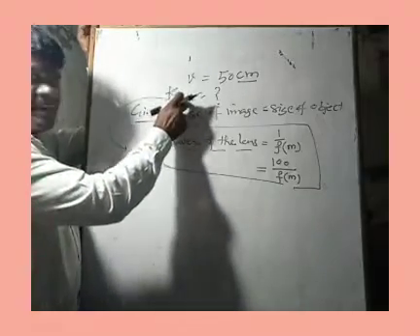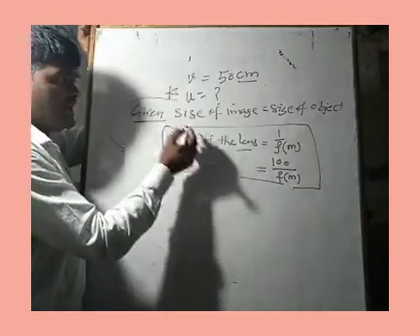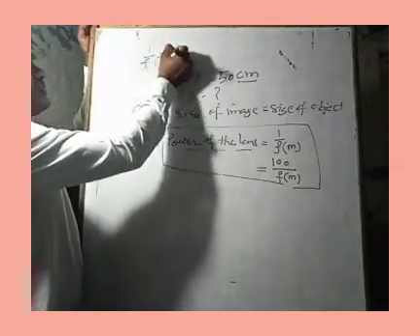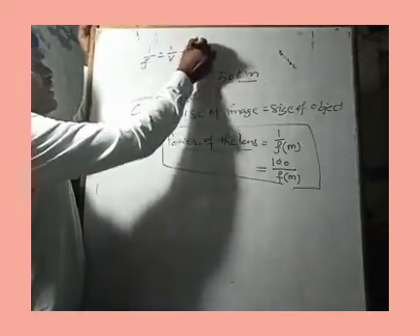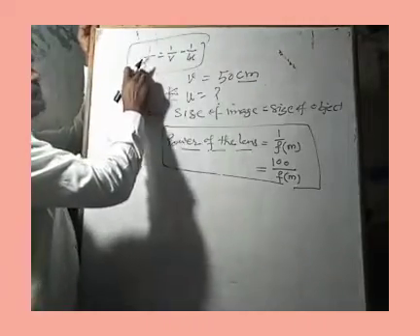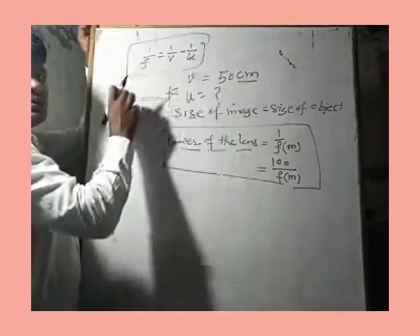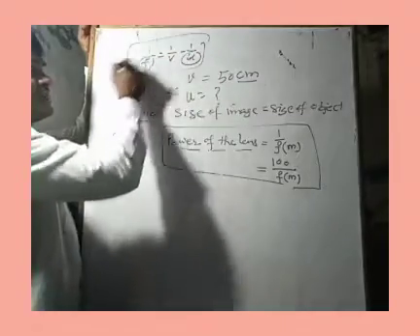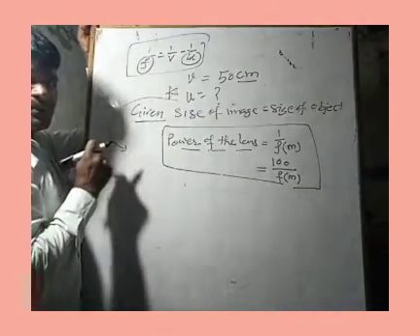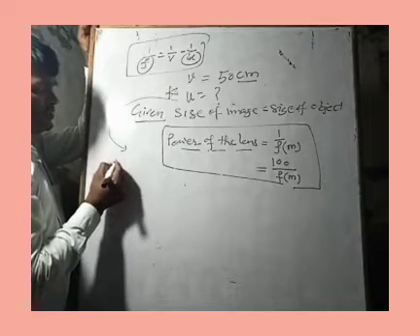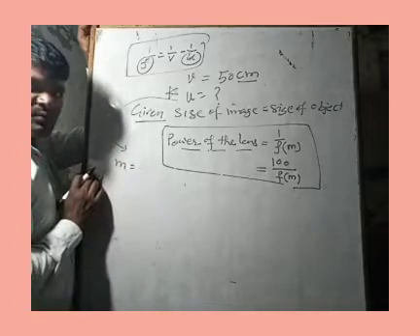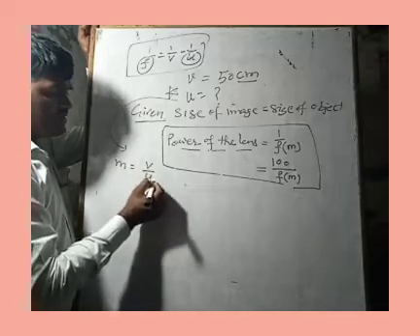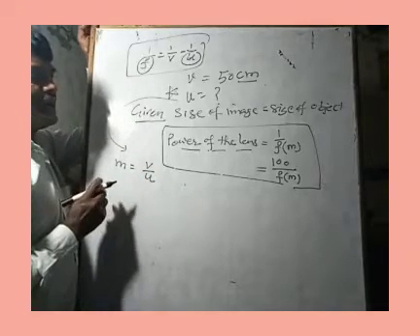So we don't have u, we don't have f. We have the lens formula 1 by f is equal to 1 by v minus 1 by u. If we are having f, we can easily calculate u. But ना तो हमारे पास u है, ना ही हमारे पास f है. Now what to do? First, use linear magnification formula in terms of v by u.